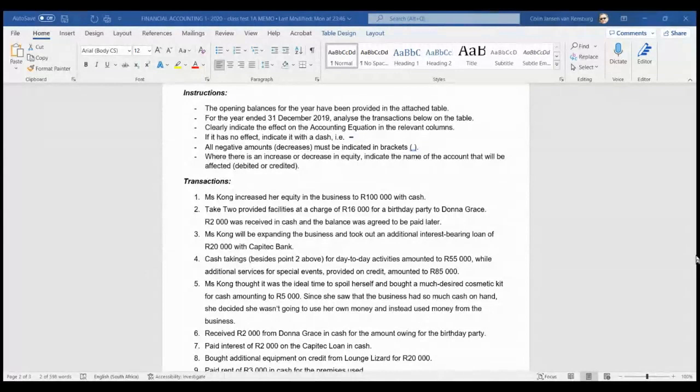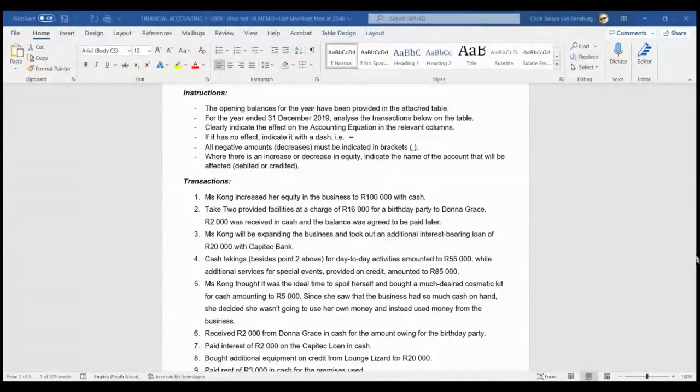Right. Then the loan to Capitec, will that increase or decrease? Again, you can look at this from a logical perspective or from an accounting equation perspective. It will have to increase, right? We now owe them more. So the loan outstanding balance is more than what it used to be.